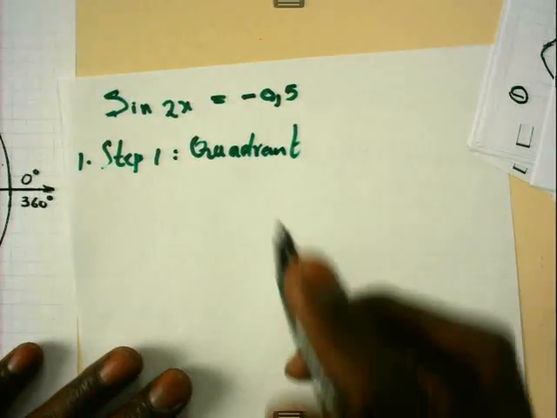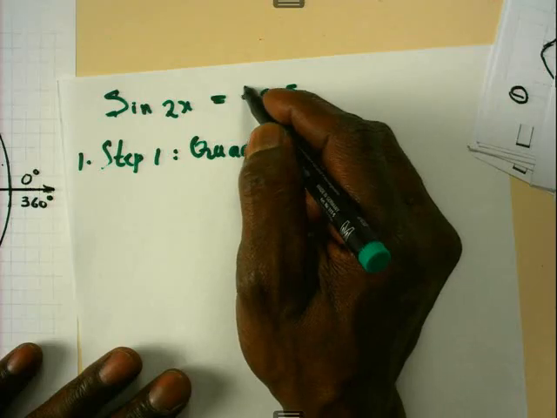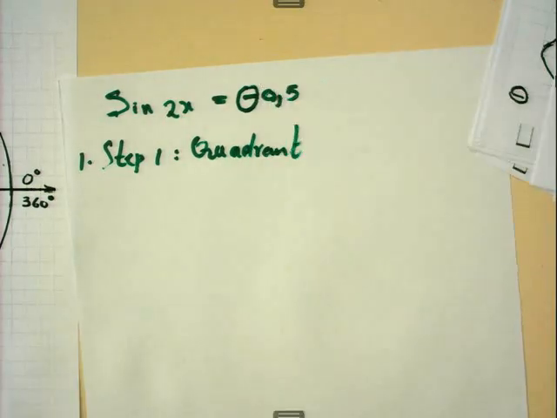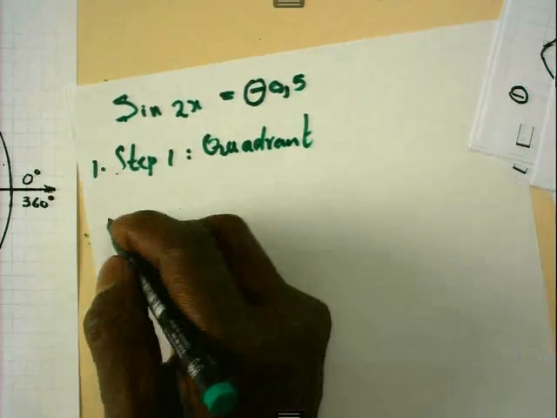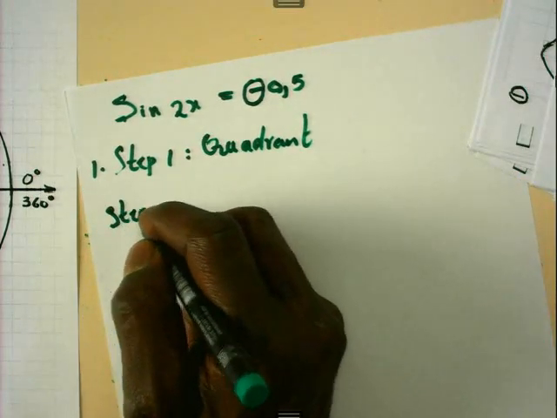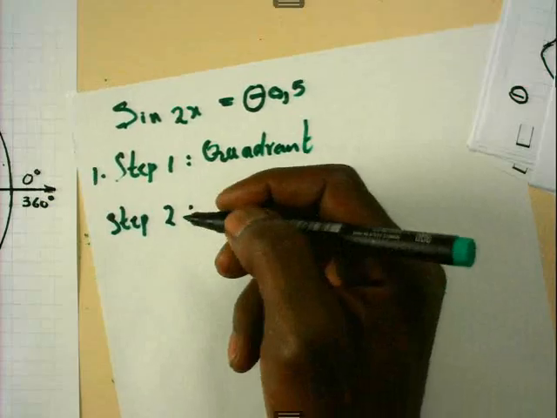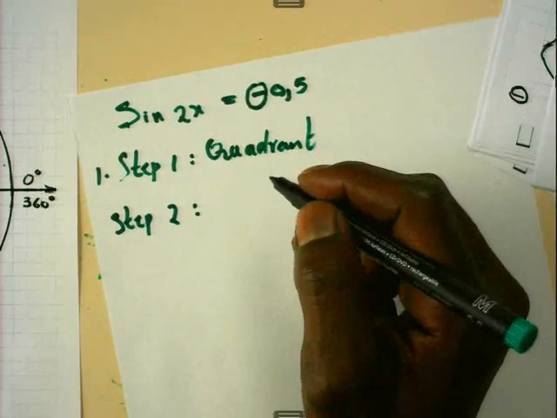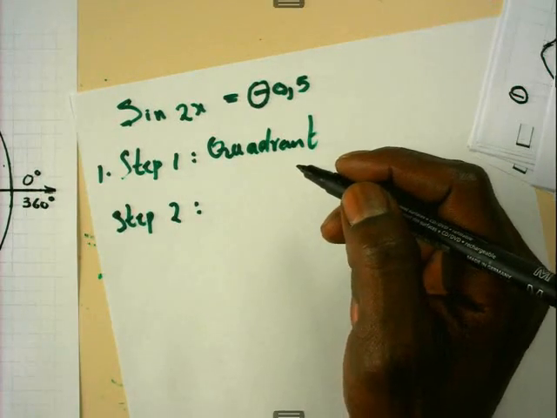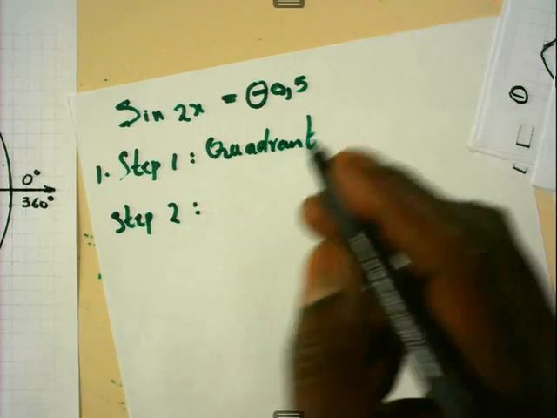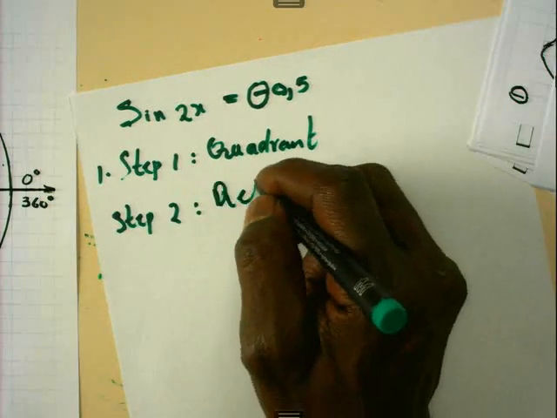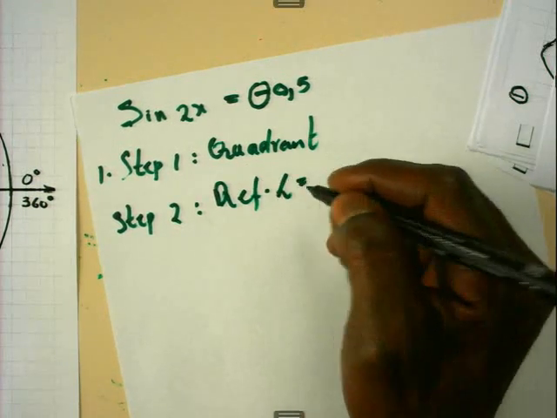Now, done with the negative sign. We don't have to bother again with that negative sign. Now, step two. What is our step two? We want the angle that we'll refer to in order to generate the solution for the problem. So that is our reference angle.